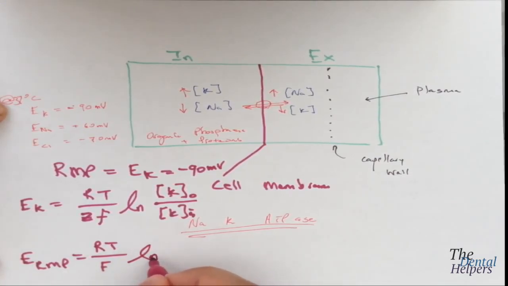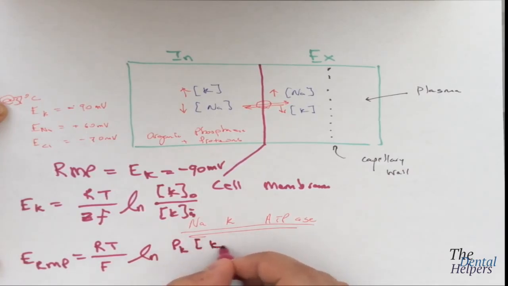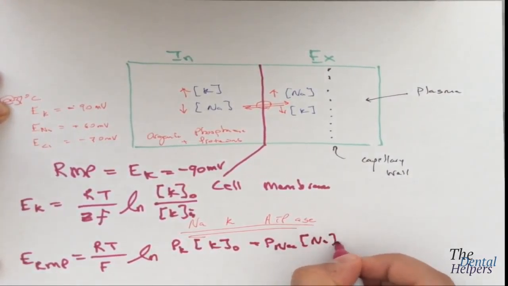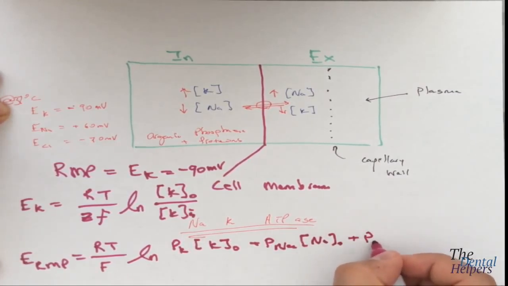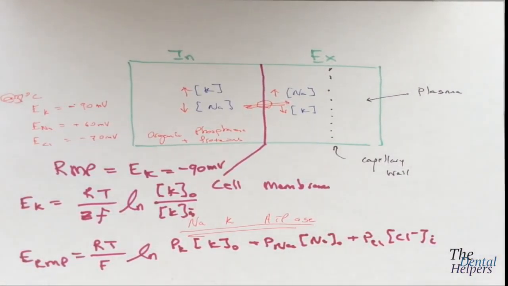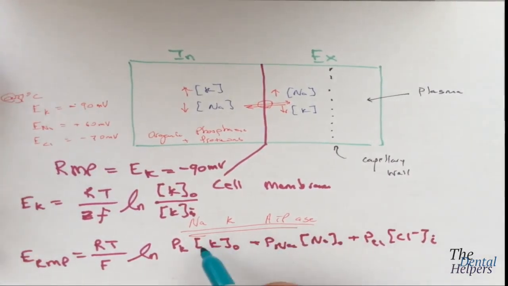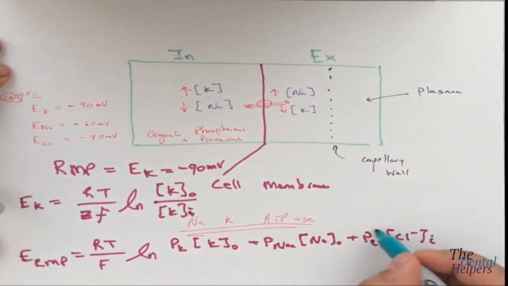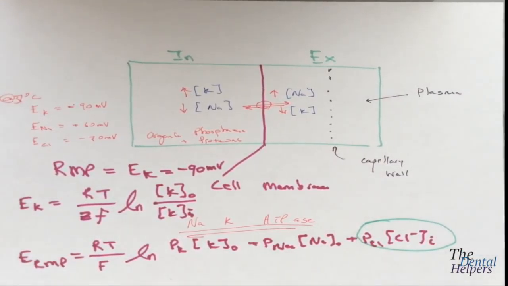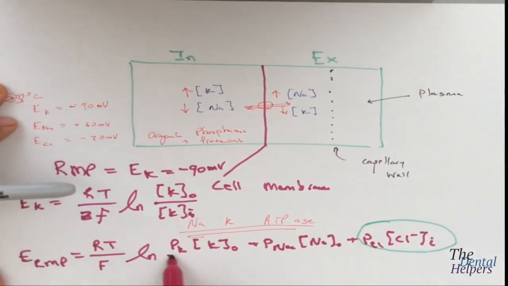And now the difference is we're going to look at the values of potassium, sodium, as well as chloride. The significant difference to note here is the chloride ions themselves. We're looking at the initials here, but in the last one it changes. And it's all going to be divided by the exact opposite.